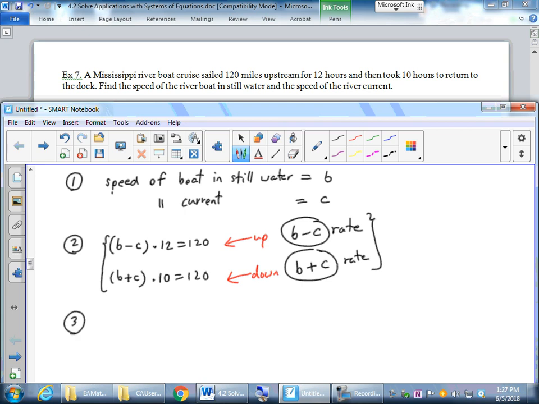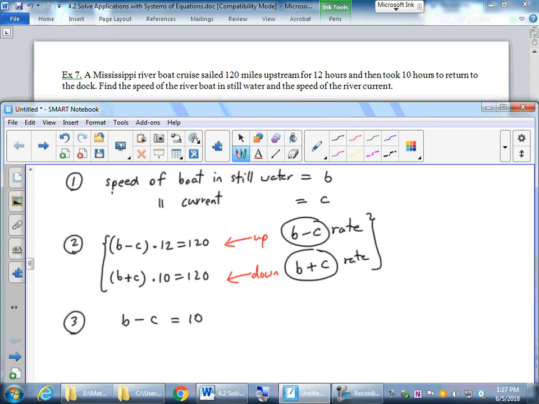Step 3, solving this. In the first equation I can divide both sides by 12, and in the second equation I can divide both sides by 10. That makes it easier for us. After dividing the first equation by 12, B minus C is equal to 10.